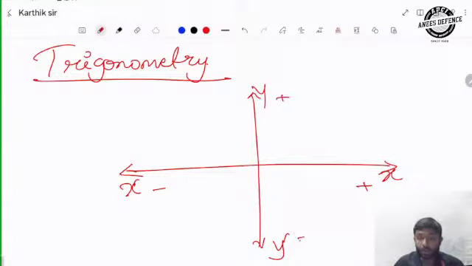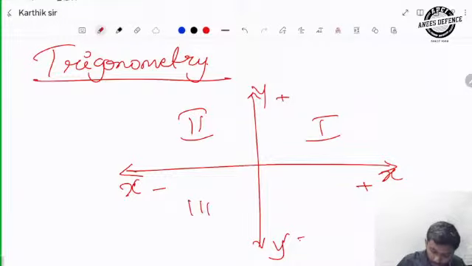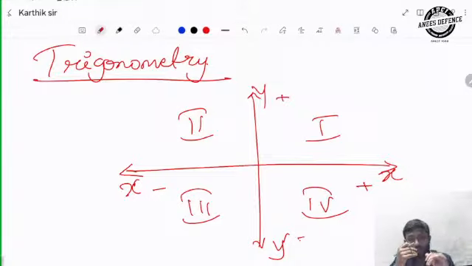You all know that, right? This will be the first quadrant, second, third, and fourth. For now, just remember that there are four quadrants.